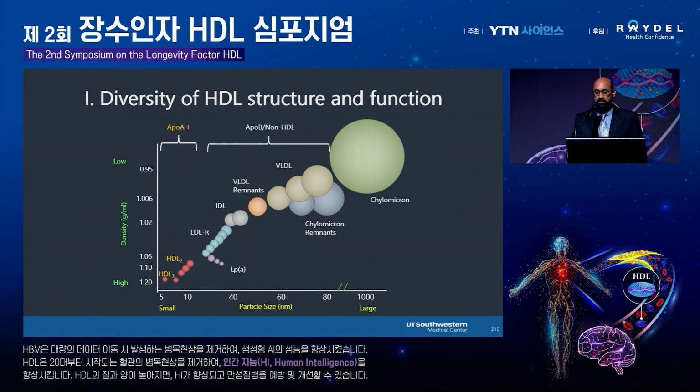And then on the bottom left, the smallest and most dense particles are the HDLs, the high density lipoproteins. And hopefully what you can appreciate from a figure like this is even within each subclass, the remarkable heterogeneity and diversity of different types of particles within each subclass.